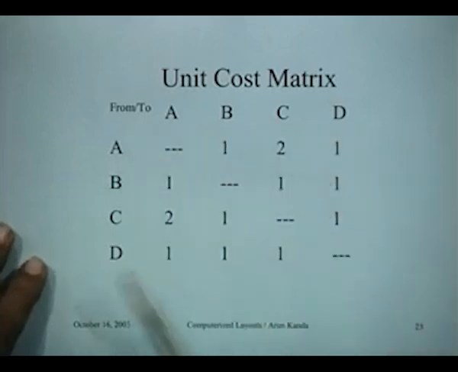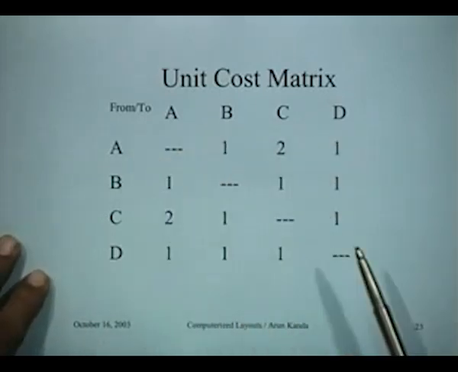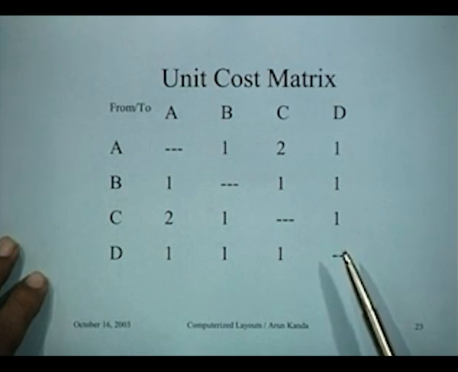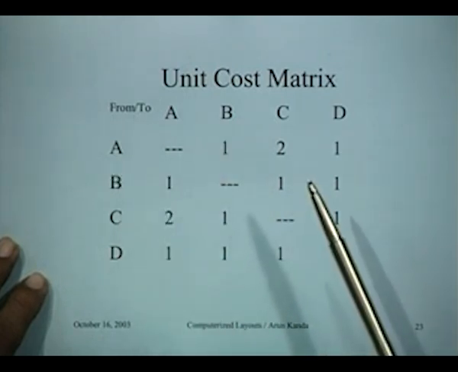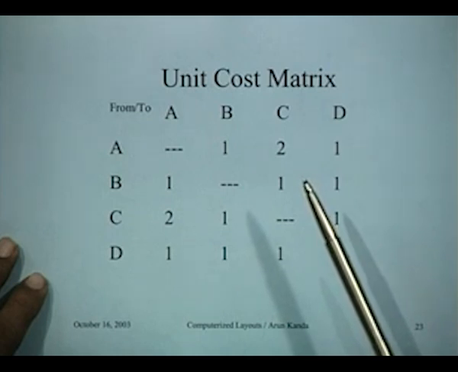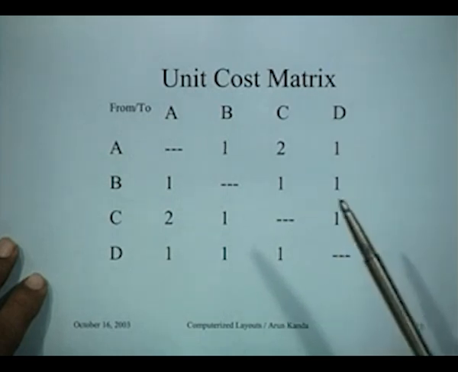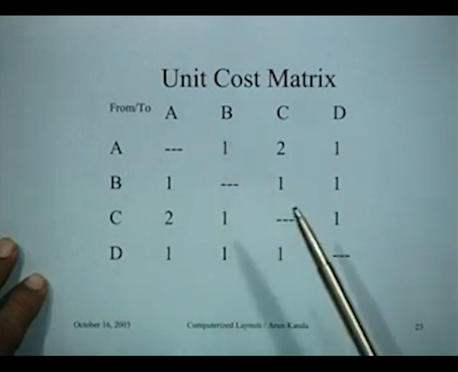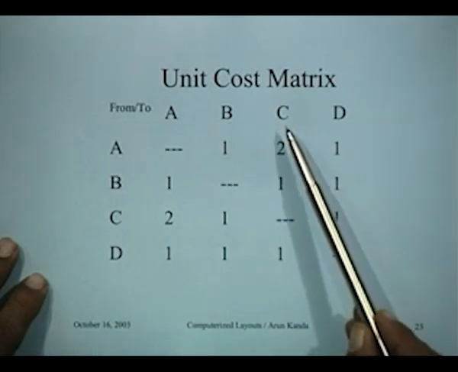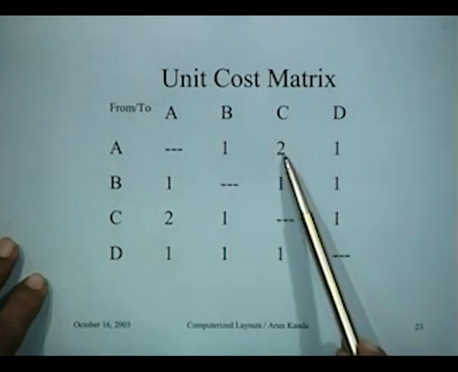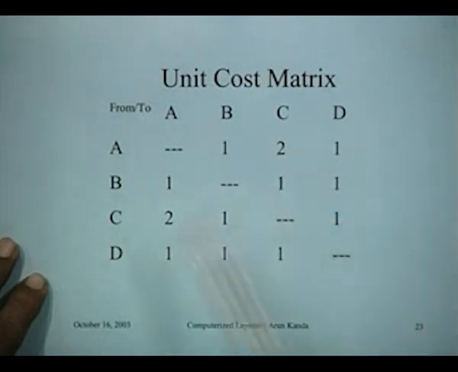The next thing we do is that we might have a unit cost matrix. A unit cost is nothing but the cost incurred in transporting between different pairs of departments. You could be using different methods of material handling between departments, okay? So between A to B it could be manual, between A to C it could be some kind of a motorized trolley or something of that kind. So the cost might be double of that, right? So and so on.